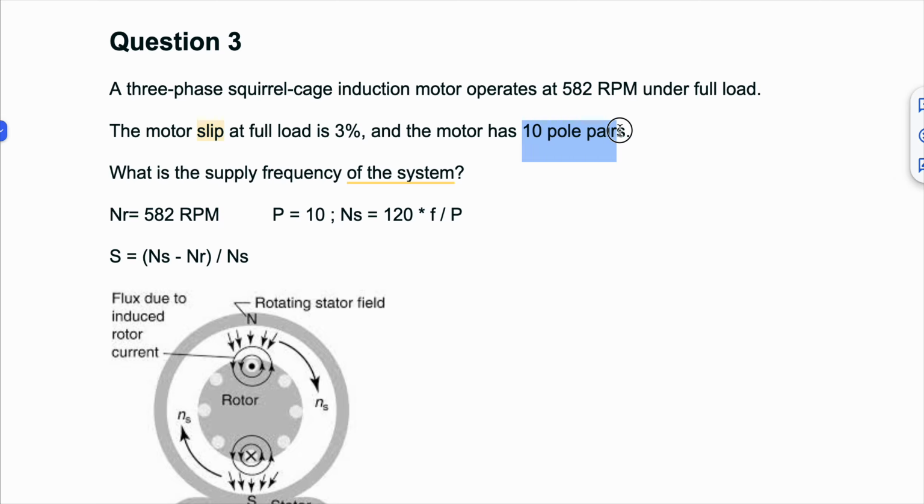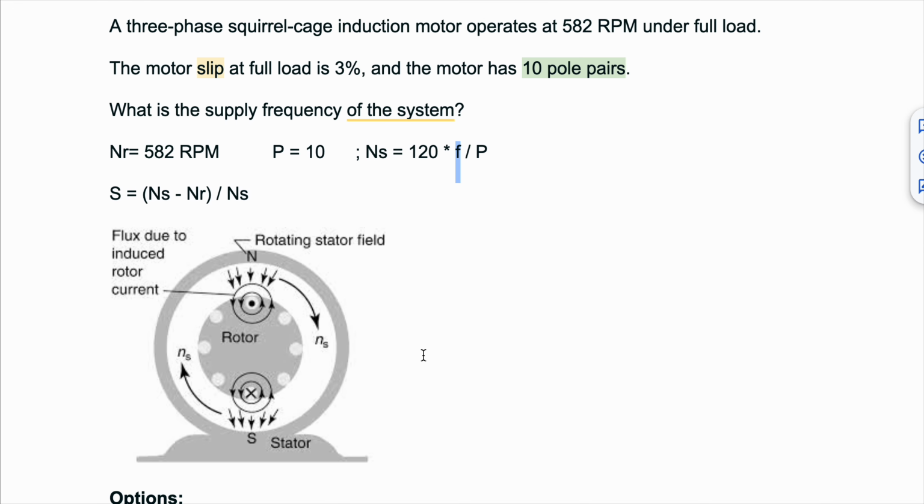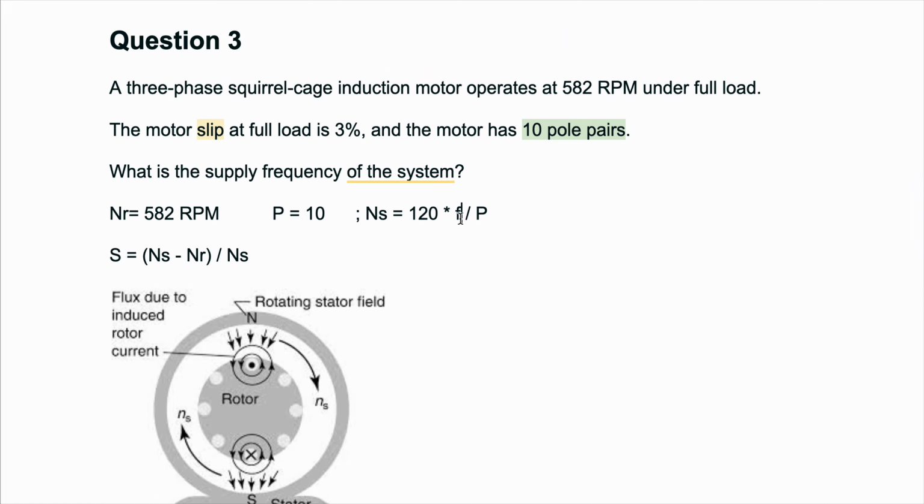We can find it here, the question tells us the number of poles is 10. So p is 10, and the question is asking us about the frequency of the current of the stator. So we want to find this f. How much is this f?